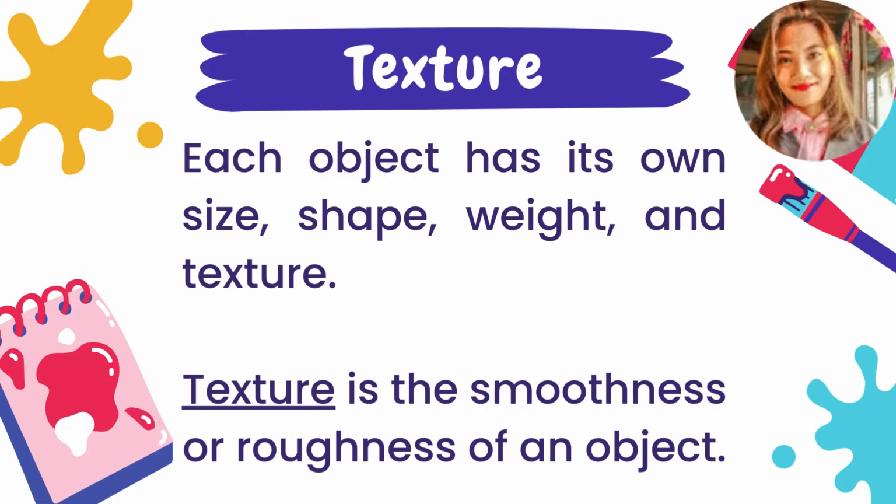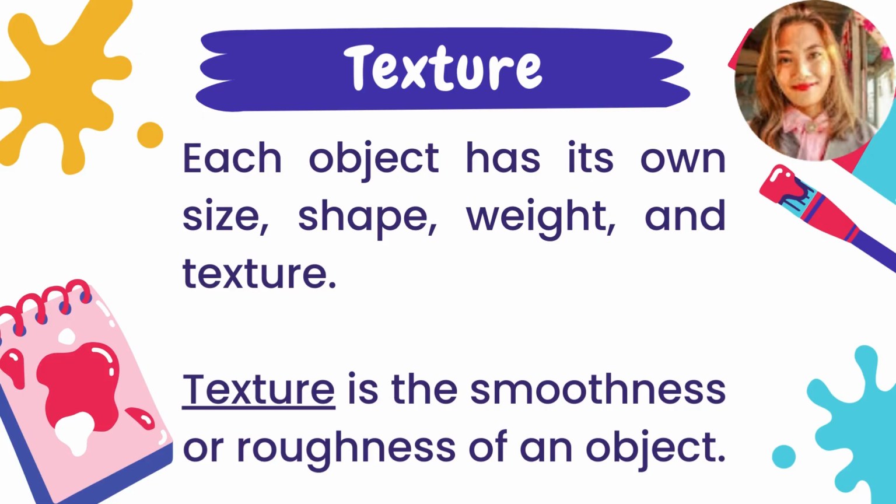Now let us discuss what is texture. Each object has its own size, shape, weight, and texture. So every object around us has its own size, shape, weight, and texture. When we say texture, it describes how something feels when we touch it.